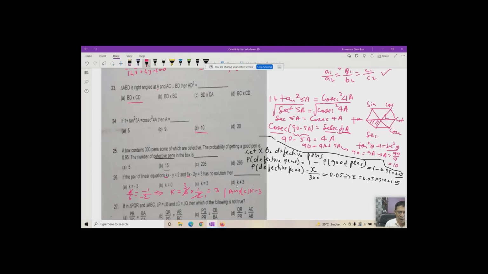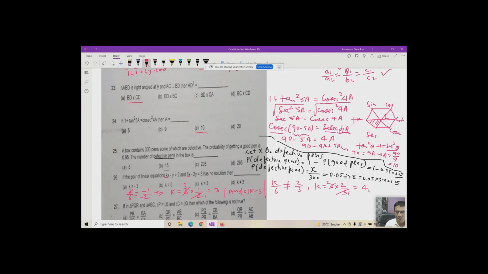Now some people may say, is D correct? K is not equal to 3. That also we can find out. So here k upon 6 is not equal to 2 upon 3. So we can write k is equal to 6 into 2 upon 3. So 3 1s are 3, 3 2s are 6.